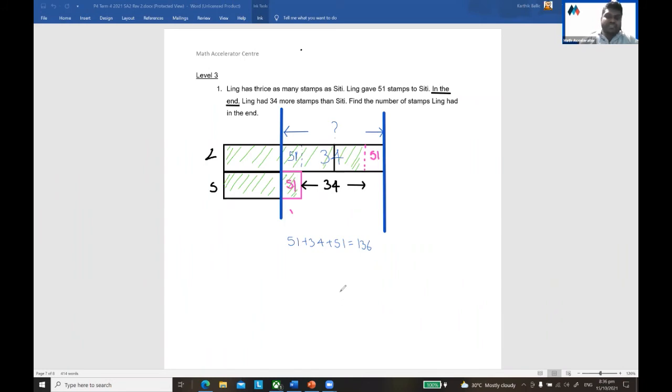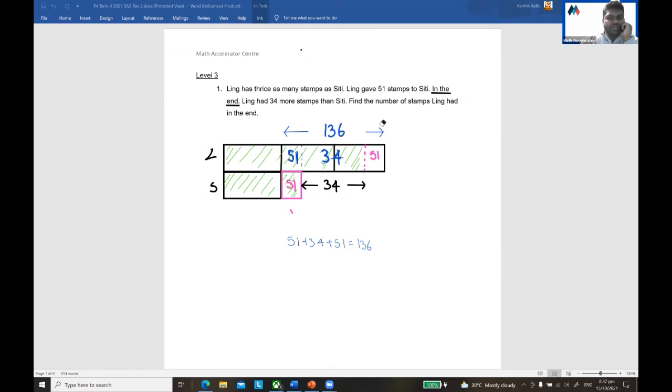Now, can I ask the class, how many units is 136? So this is 136. This is 51, here is 34, and this is 51 as well. How many units is 136 then? Just by looking at it, come on.